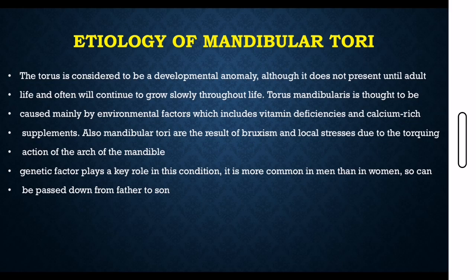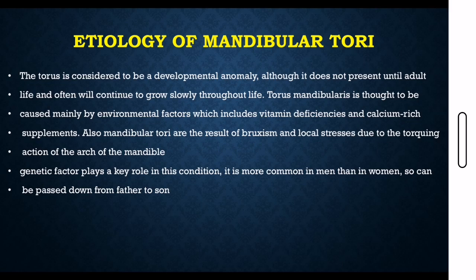Etiology of mandibular tori. The torus is considered to be a developmental anomaly, although it does not present until adult life and often continues to grow slowly throughout life. Torus mandibularis is thought to be caused mainly by environmental factors, which include vitamin deficiencies and calcium-rich supplements.